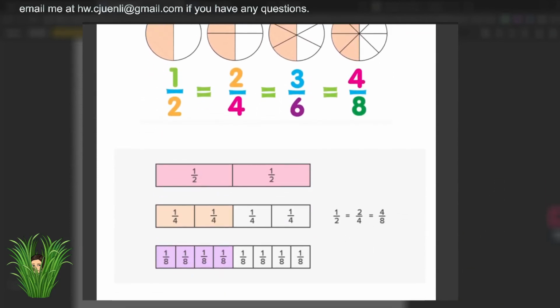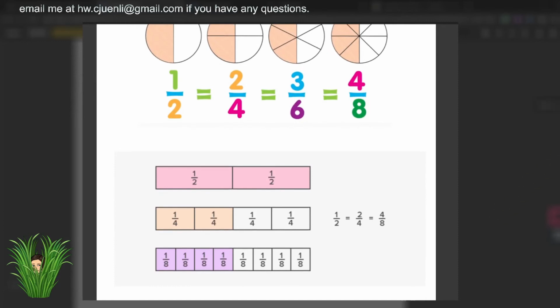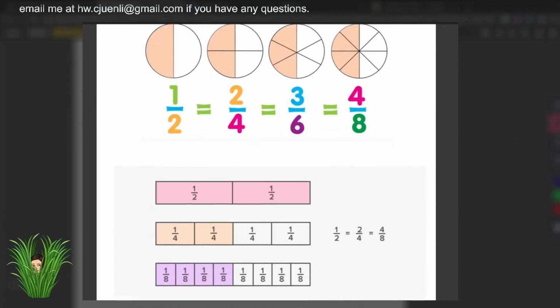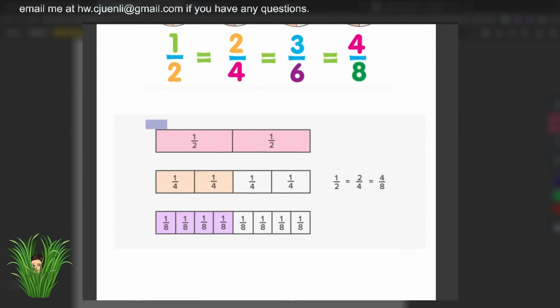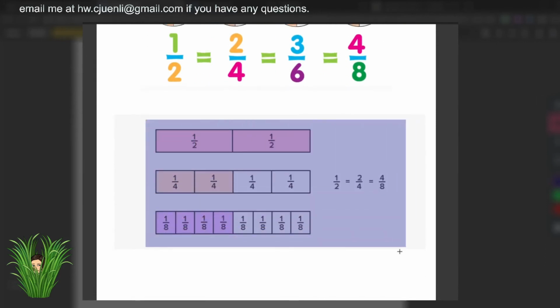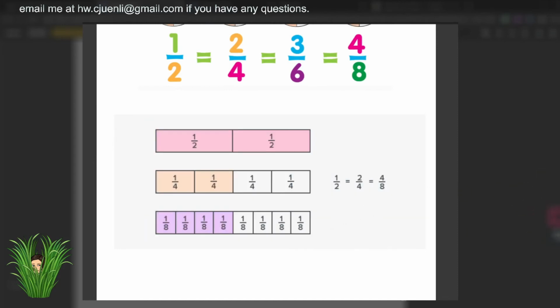Other than that, sometimes you also see this kind of question in brick form, like just now. Sometimes it can be longer or shorter, and in this case it is slightly longer. Another example is 1 over 2 equals 2 over 4 equals 4 over 8. If you really cannot see it, look at the part that I'm highlighting right now.